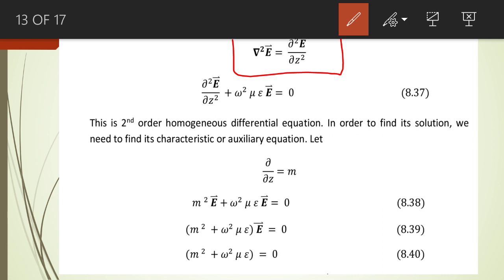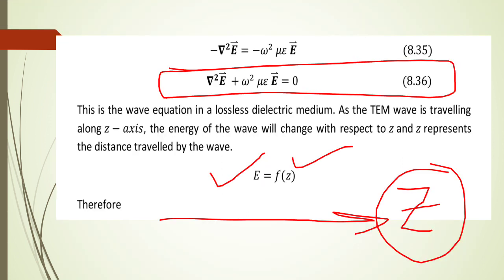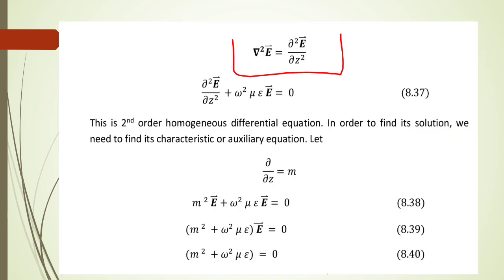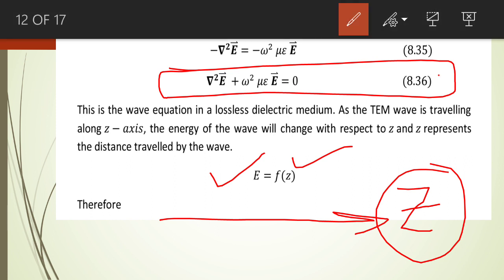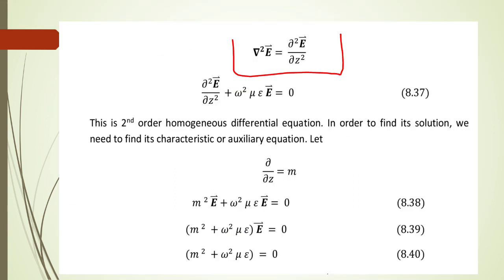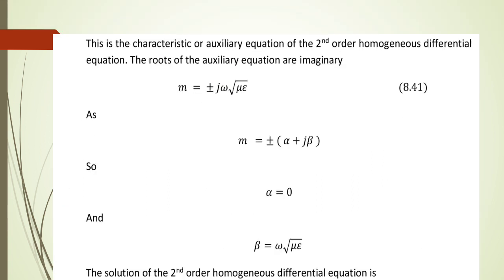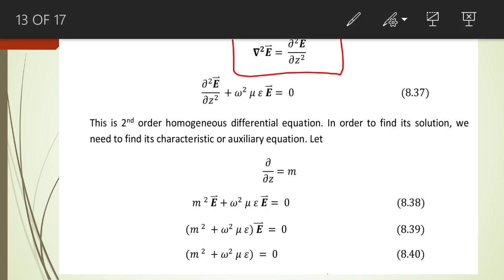So if we replace del square E in equation number 8.36 by curly square E by curly z square, we obtain equation number 8.37.